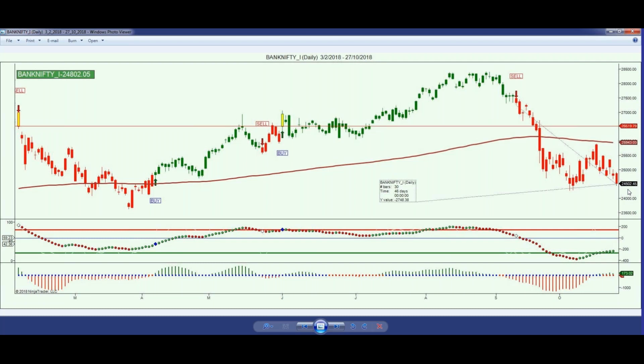I hope you are seeing this Bank Nifty chart. Now, Bank Nifty, I have got a call here. Okay, let me just open the chart itself.